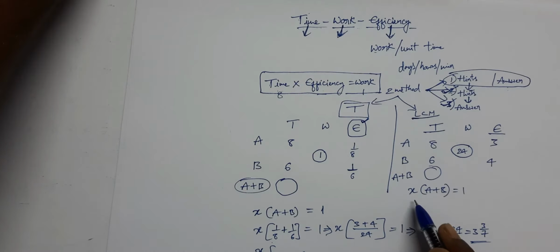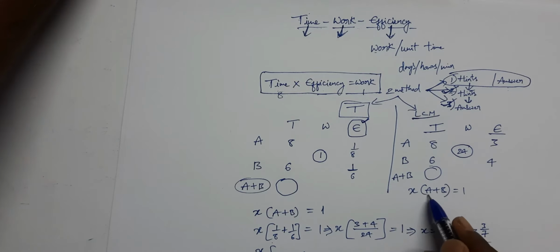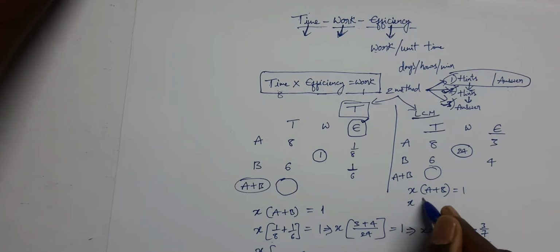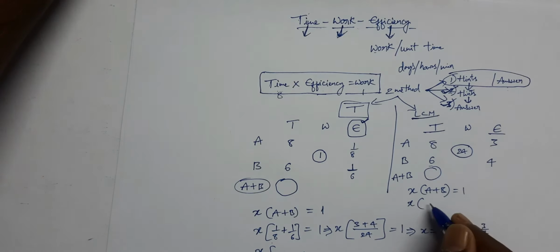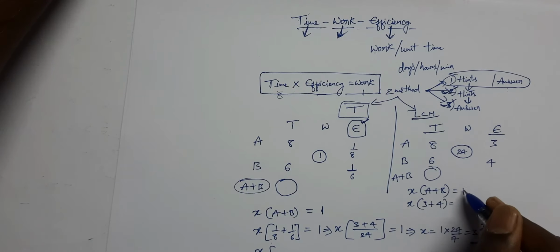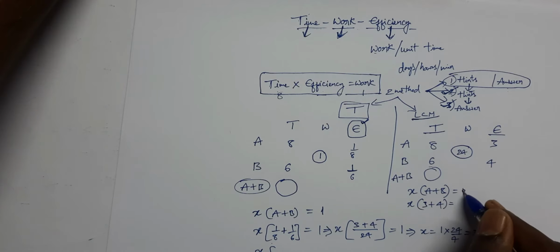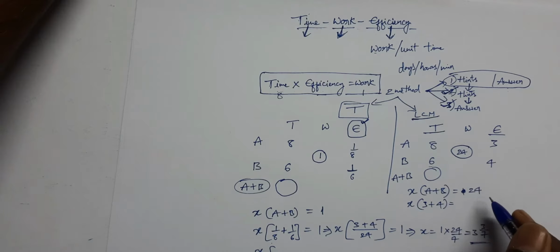Time I don't know, so I have taken X. The persons who are involved in the work are A and B, so I have taken both A and B. Here the value of A is 3 and the value of B is 4, equals to, sorry, I have taken here 1, which is a mistake because I am doing the LCM method, so I have to take 24.